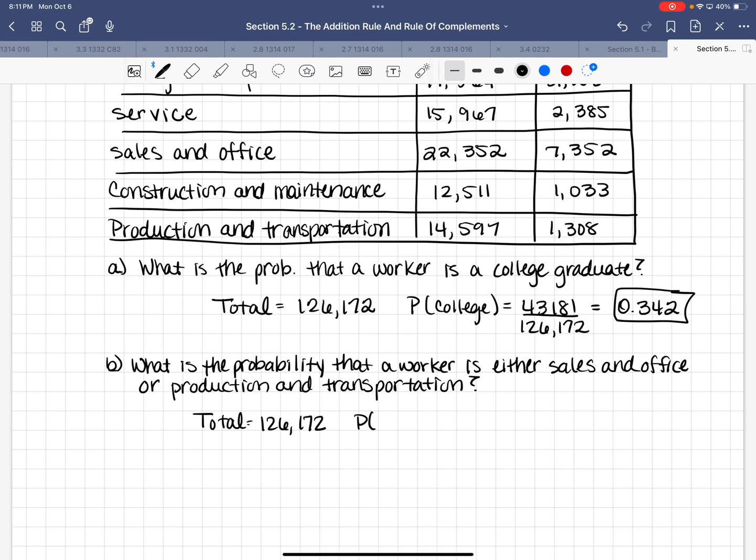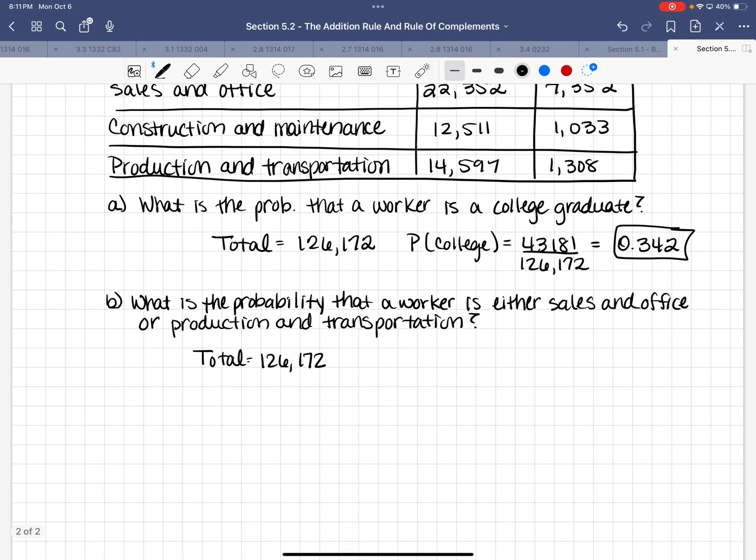Okay, we've got an OR going on here, so we've got to do the general addition rule. So I have the probability of sales office, that's all one thing, or production transportation.